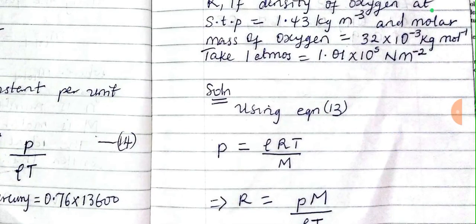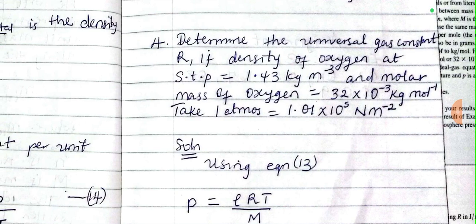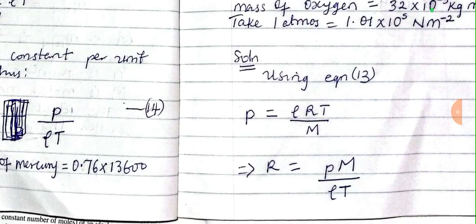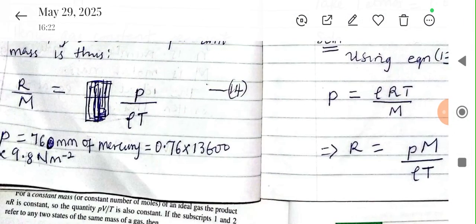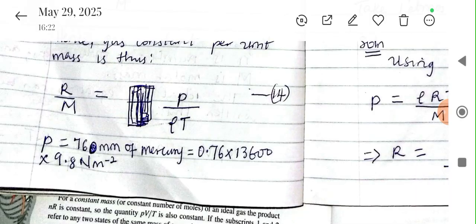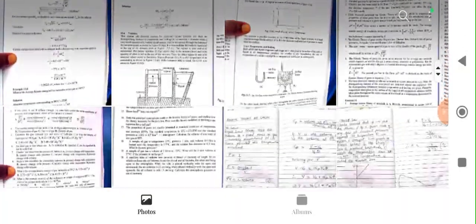So now when we are asked to calculate the gas constant from equation 13, that's the equation we have used so far in our lecture; we derived equation 13.